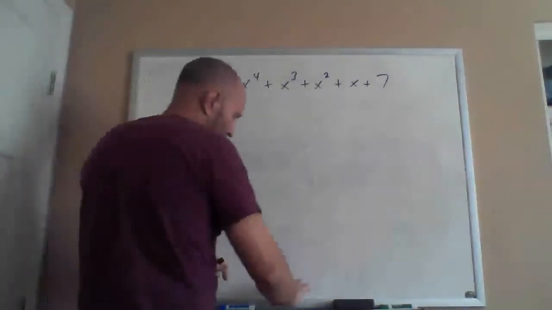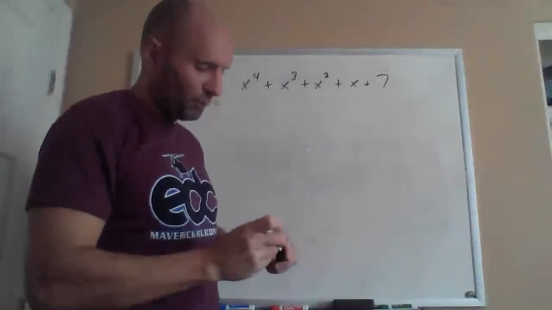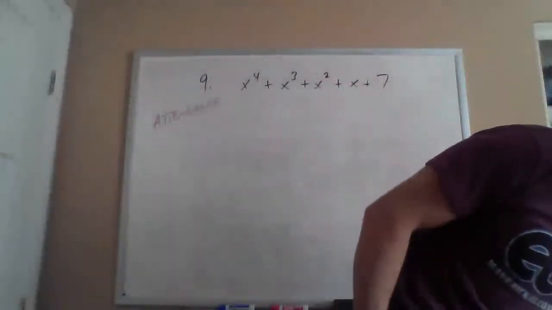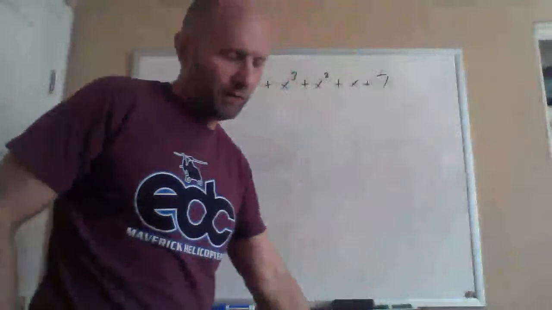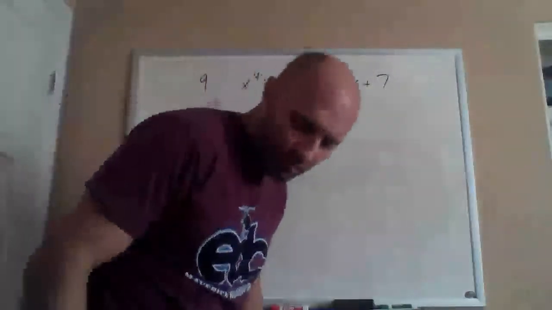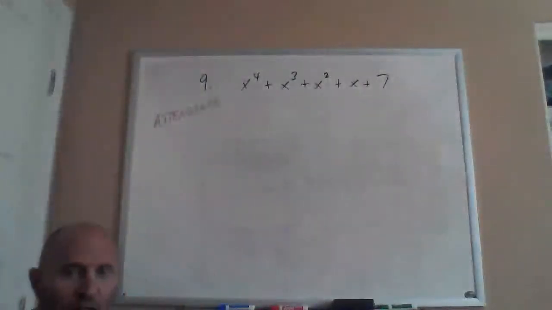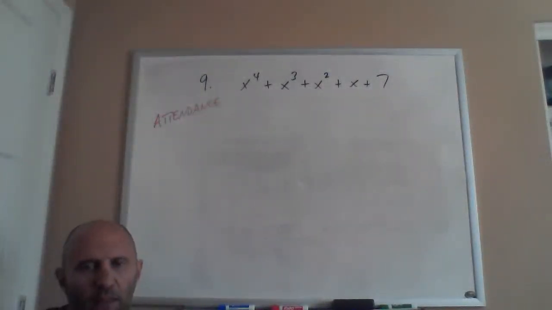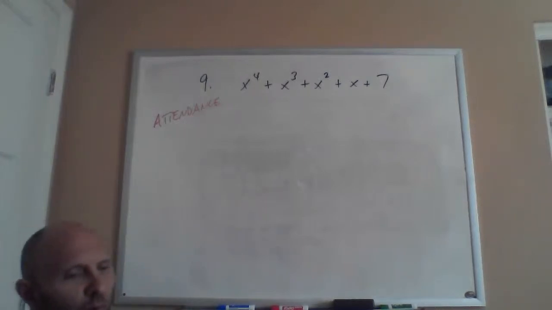So you guys will put this in your ticket out the door notebook along with your ticket out the door problems. So go ahead and try this just like the last problem we did. Calculate how many possible positive roots, how many possible negative roots, and then based on that, what's the number of real roots that we could possibly have?